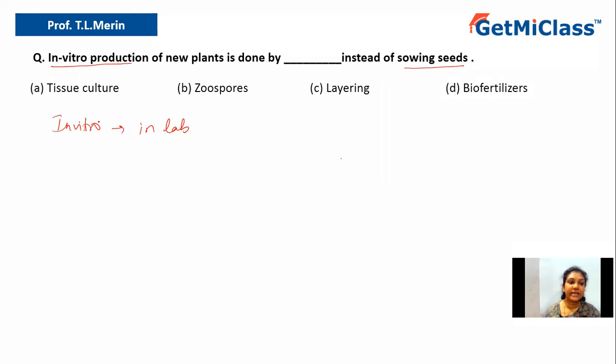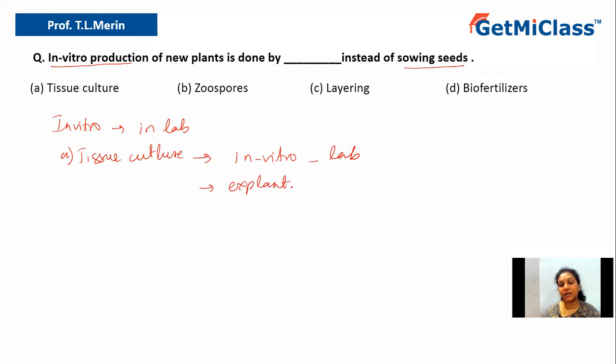Now, option A is tissue culturing. So what is tissue culturing? Tissue means a group of cells, and culture is nothing but culturing this group of cells to give rise to a new plant. Of course it is done in vitro, in the lab. In tissue culture you can take any part of the plant, called an explant.